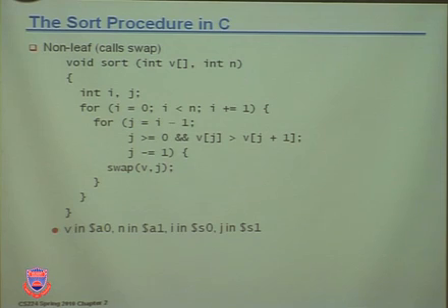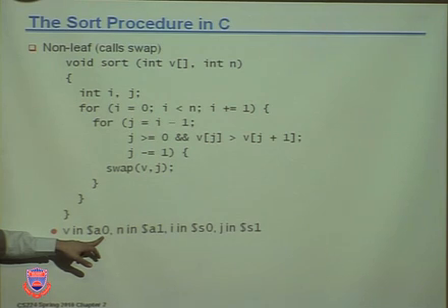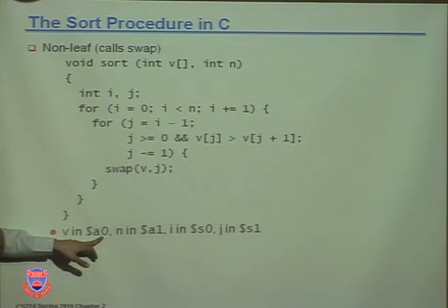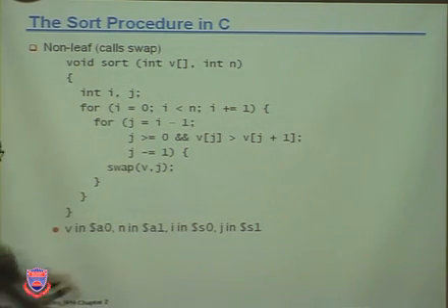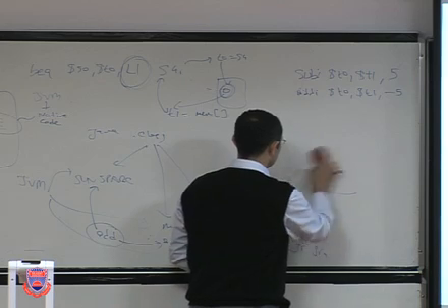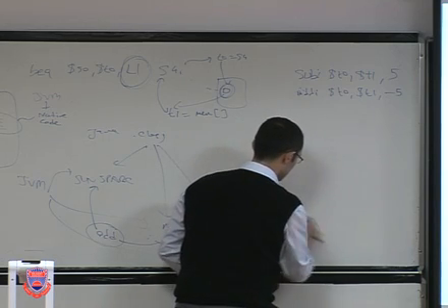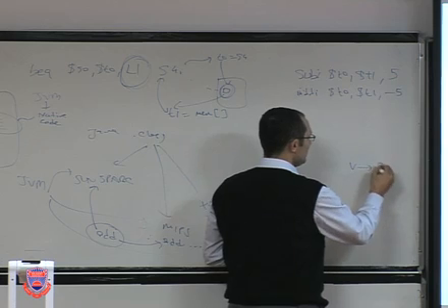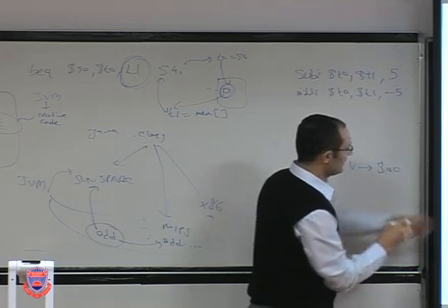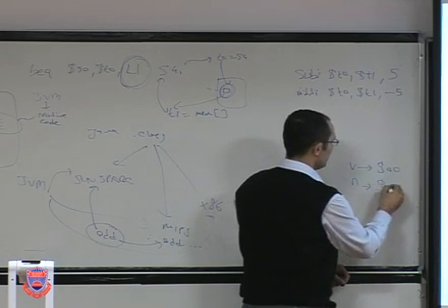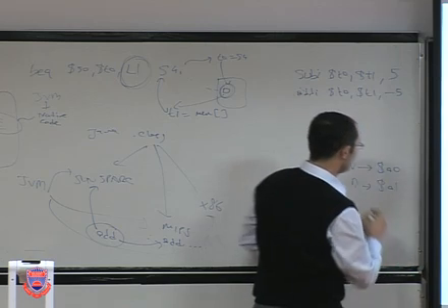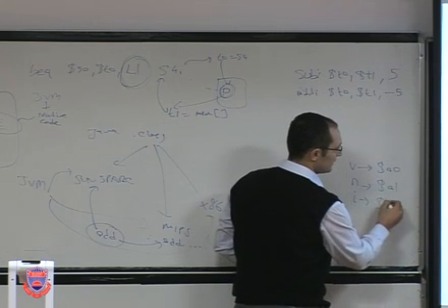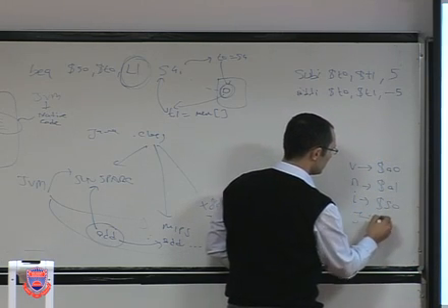So that's what it does. And if you look into this example, again, v is passed as an argument in a0, and then you have n in a1, and you have i in s0, and then j in s1, right?